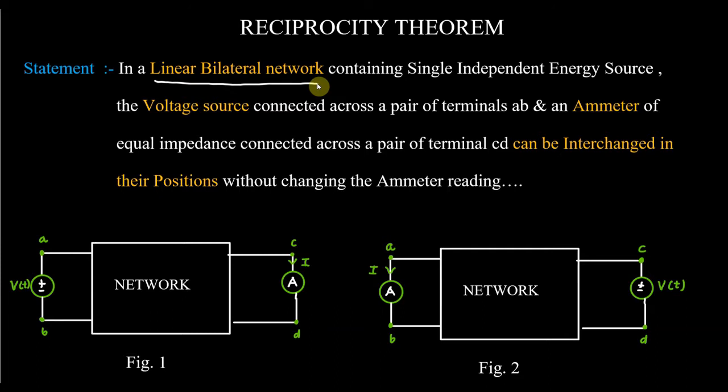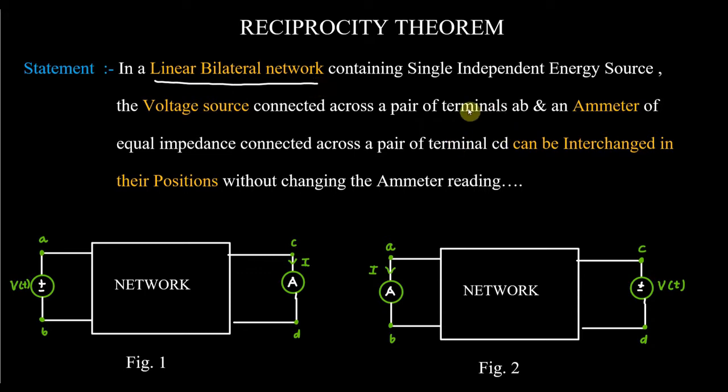These are called linear elements, meaning whose characteristics are constant with respect to time, so that is called linear. And a bilateral network means the current does not change by changing the voltage polarity, so we say that it is bilateral. So linear bilateral means it contains resistance, inductance and capacitance.